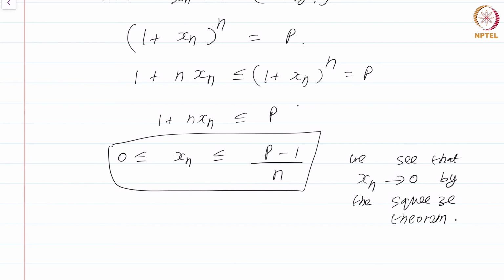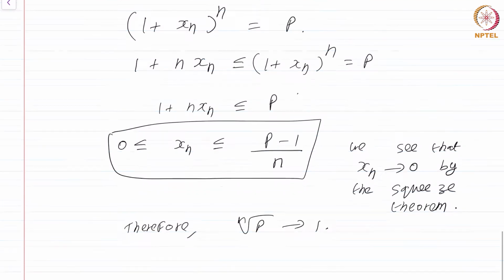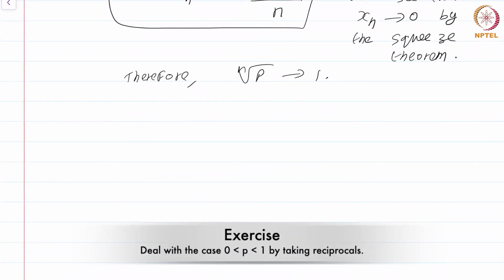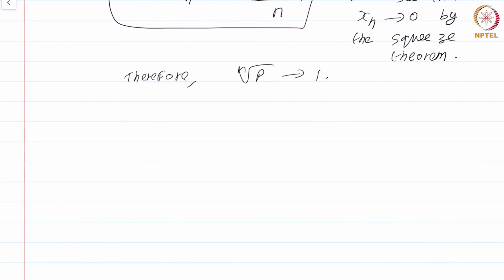So we were able to prove that xn converges to 0, and therefore the nth root of p converges to 1. Again, this is very similar to the proofs we have seen earlier. We just use the binomial theorem.